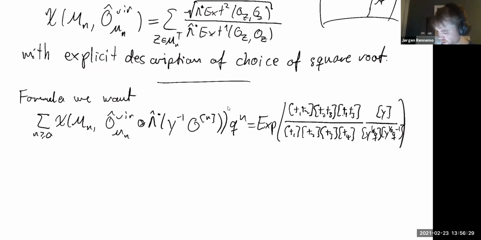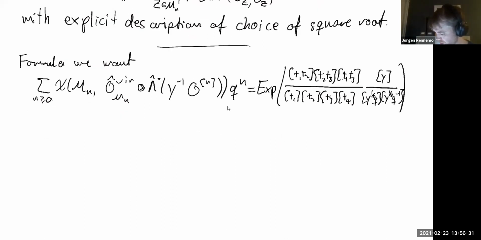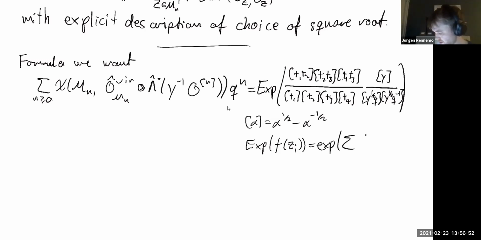So here, just to remind you of the notation, this thing means alpha to the one half minus alpha to the minus one half, that is, the square root of alpha minus 1 over the square root of alpha. And if you have some function of the zi, this plethystic exponential is the ordinary exponential of the sum of the following form.